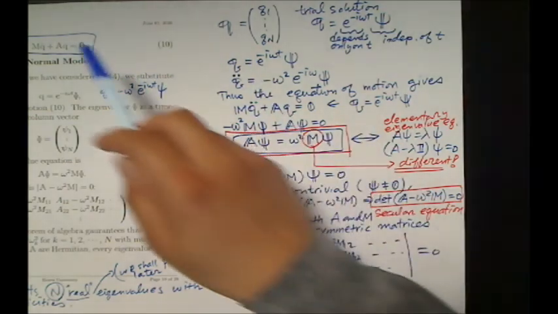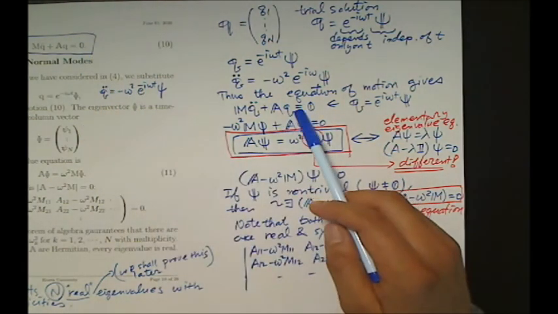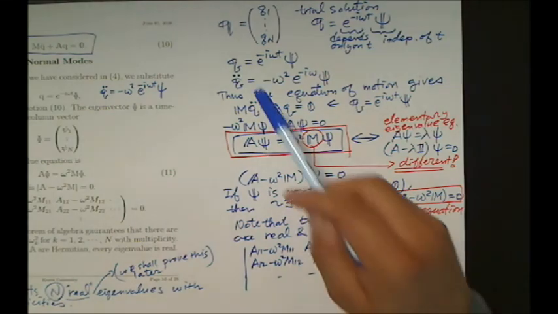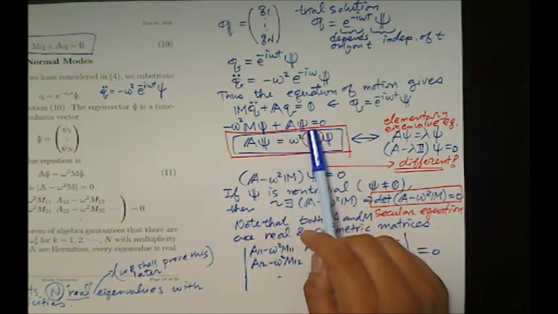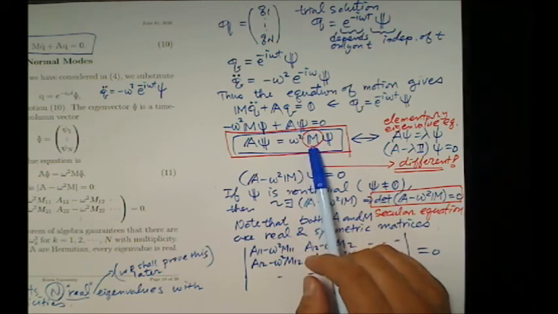Substituting this into the equation of motion, we find this. This equation is another eigenvalue problem. In the previous case, we had the identity in here, but instead we have the Hermitian matrix capital M for the mass matrix.